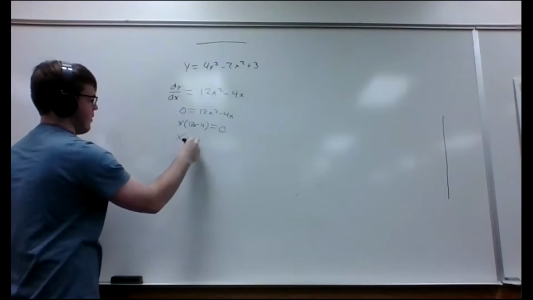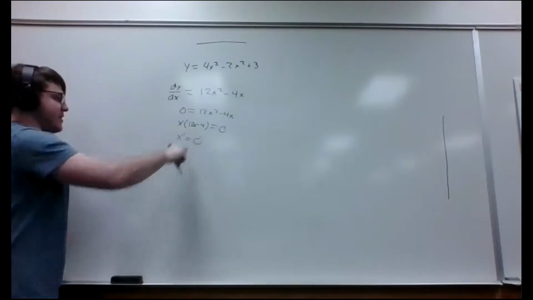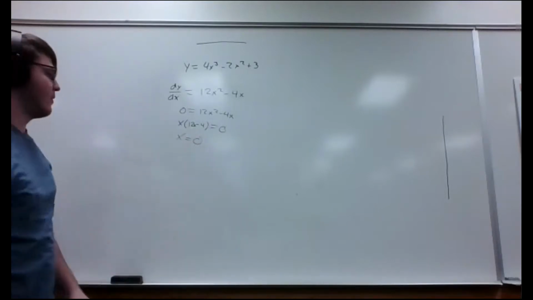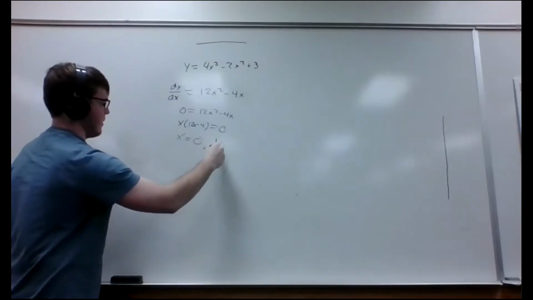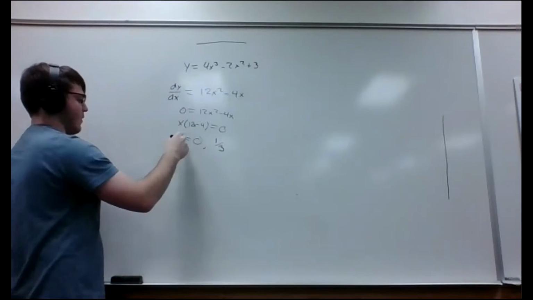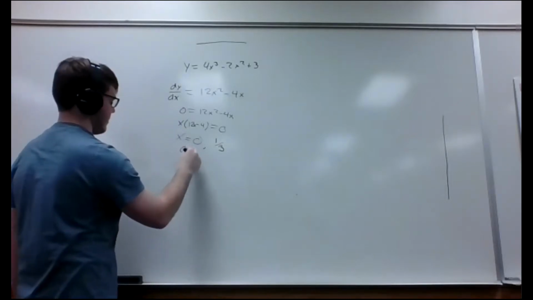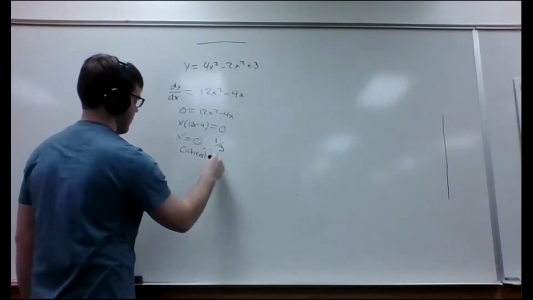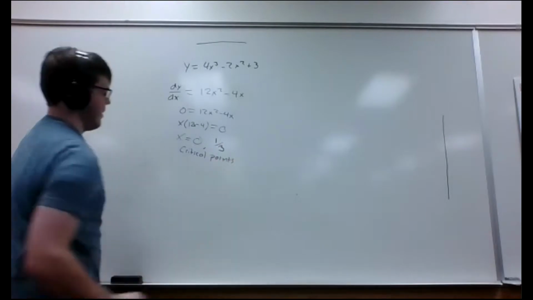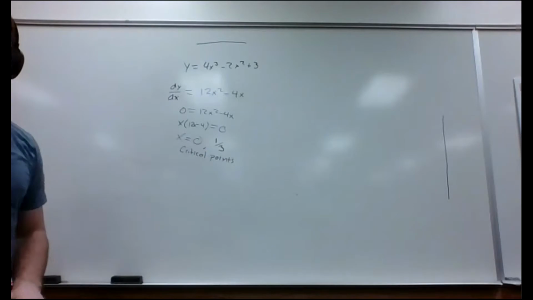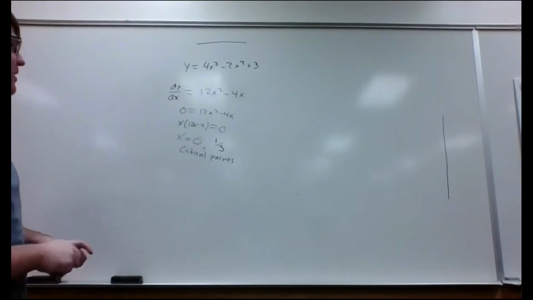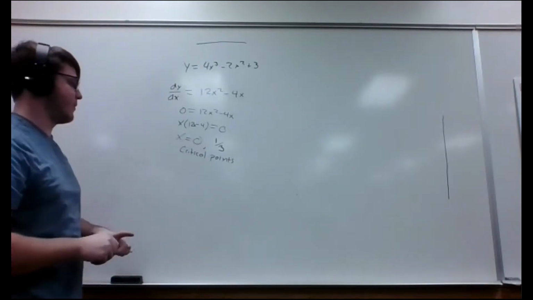So x equals 0, and when 12x minus 4 equals 0, which would be 1/3, right? So these are critical points. They are possibly mins and maxes, but that's what the first and second derivative tests are for.